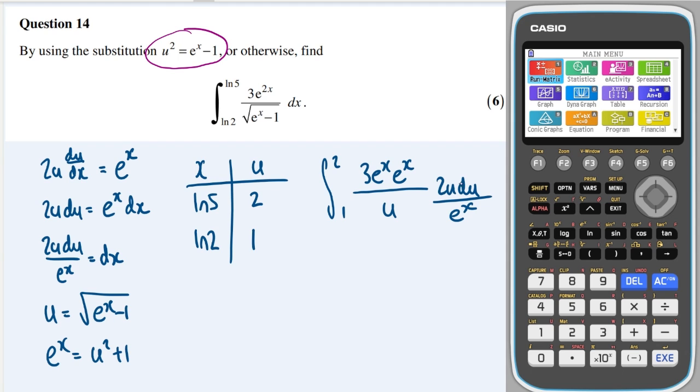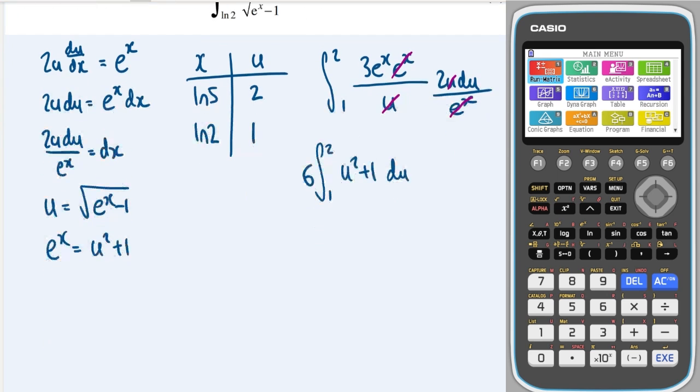Okay, so we're going to get the u's cancelling, 1 on top, 1 on bottom, and then e to the x cancelling, 1 on top, 1 on bottom. So we're going to get 2, 1, and we're going to get 2 times 3, which is 6, which I can take outside as a constant. And I'm just going to be left with e to the x, which we know is u squared plus 1 du. Okay, perfect.